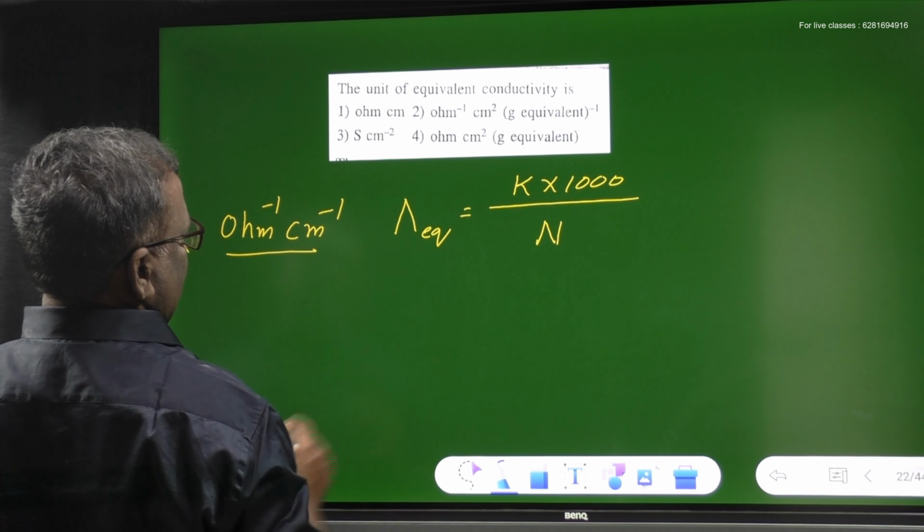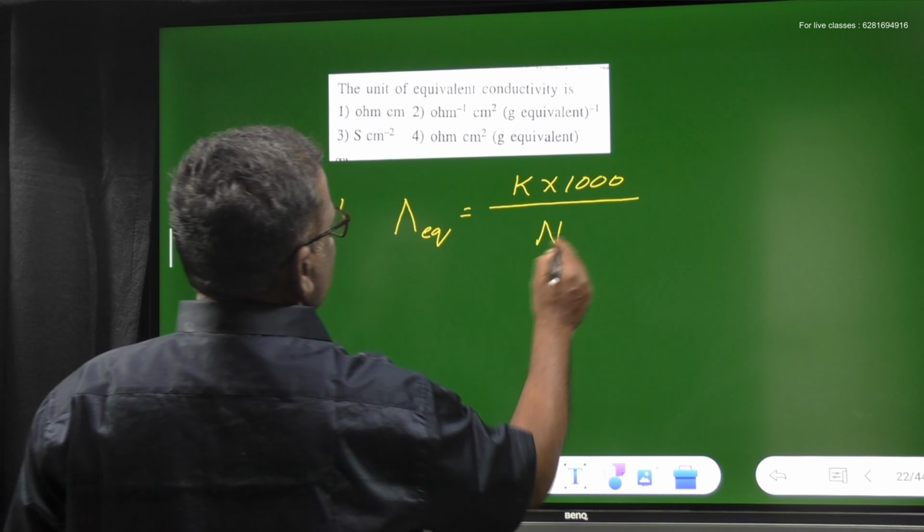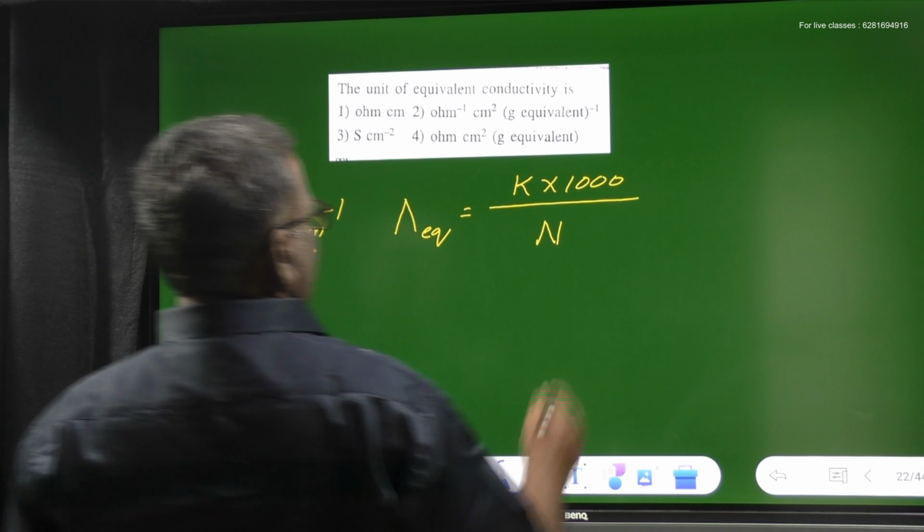For N, it is gram equivalents per cubic centimeter.